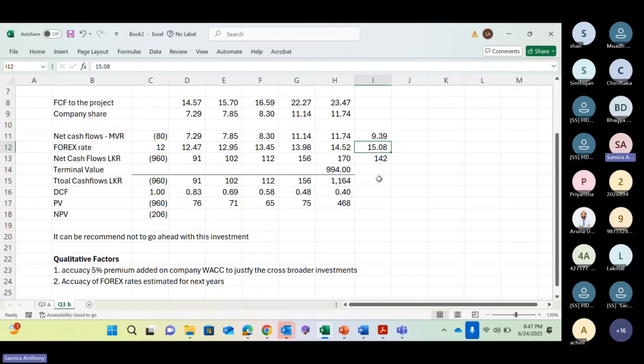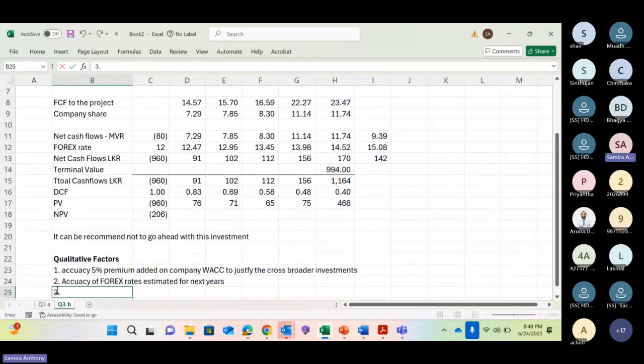In addition, you can write down that in addition to this investment, we are giving them an interest-free loan of 40 million Maldivian rupee. The time value of money of this interest-free loan also has to be considered as a qualitative factor, because we are not considering the loss we incur because of this.